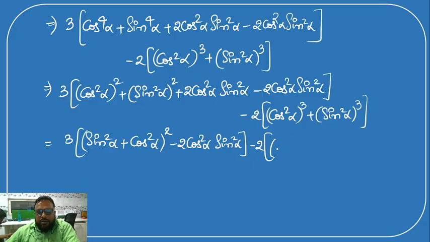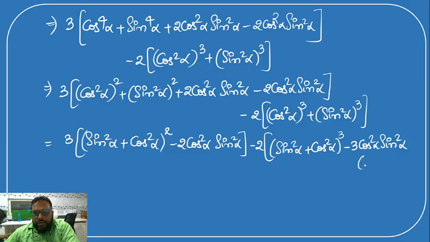I will write this as sin square alpha plus cos square alpha whole cube, minus 3 into cos square alpha sin square alpha into a plus b, that is cos square alpha plus sin square alpha. Okay, so finally I got to this step.